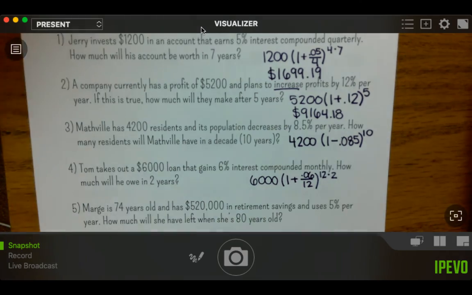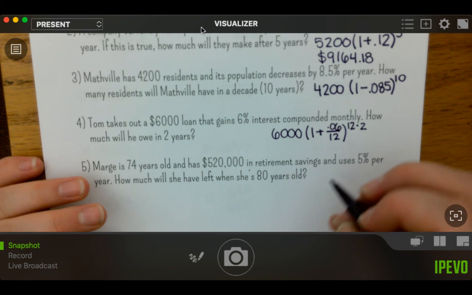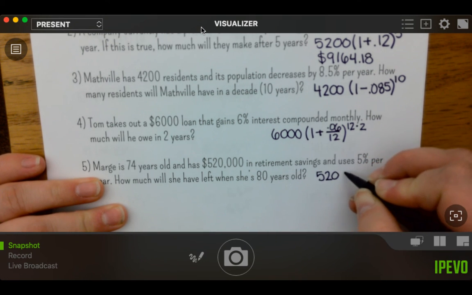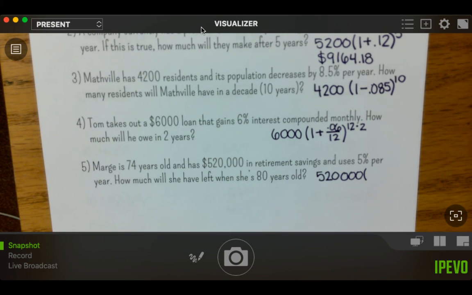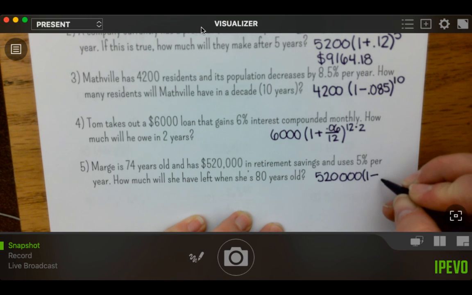And then in example 5, Marge is 74 years old, and she has $520,000 in retirement savings. Go Marge! And she uses 5% per year. Guys, when you are using something up, you are getting rid of it. It is decreasing, it is decaying. So this needs to be minus.